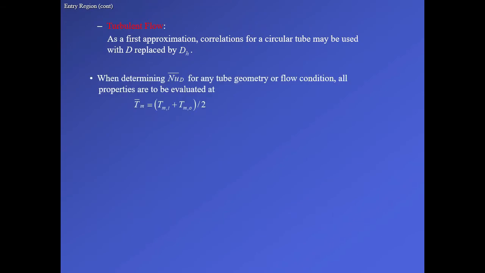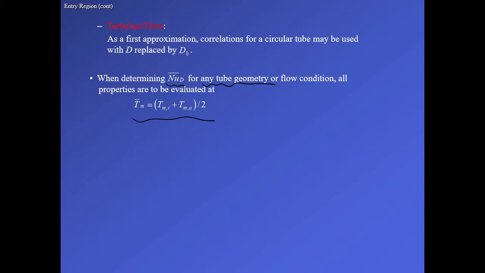One important point: when we are determining the average Nusselt number for any tube geometry or flow condition, all the thermophysical properties should be calculated at the average temperature of the inlet and the outlet.